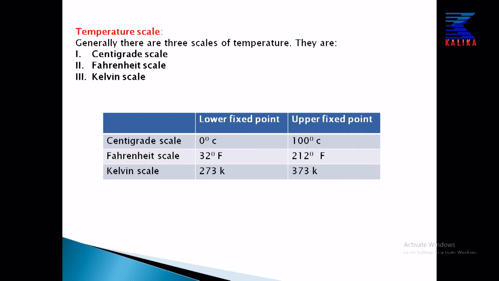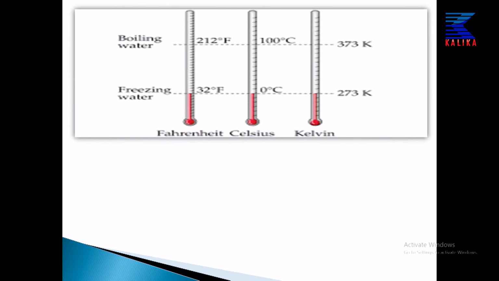On the Kelvin scale, the lower fixed point is 273 Kelvin and the upper fixed point is 373 Kelvin. Now, we can relate these three different scales, as I show you on the board. Let us see the board.